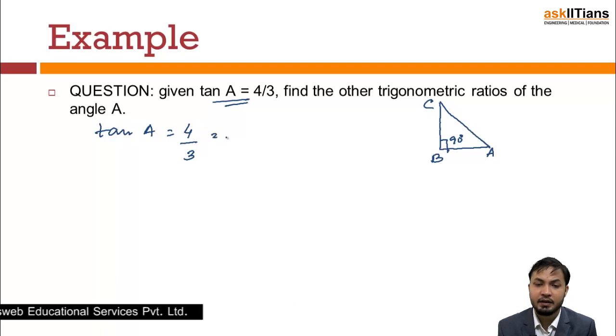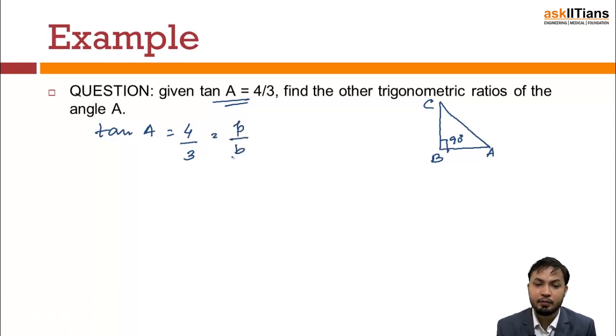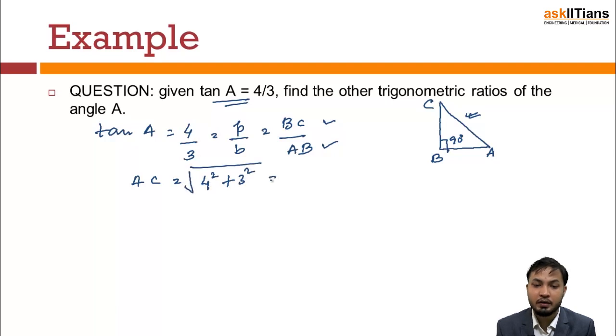Now tan, what is tan? My tan is P by B, right, which is BC by AB, right? So if I know them, I can take out my third side also, using the Pythagoras theorem. So my AC will automatically become the square root of 4 square plus 3 square, that gives me 5, right?